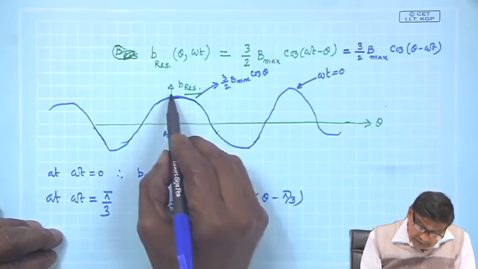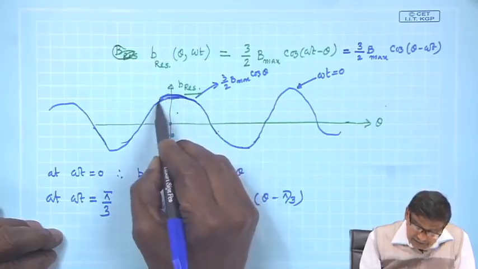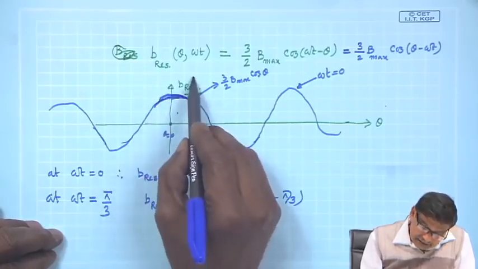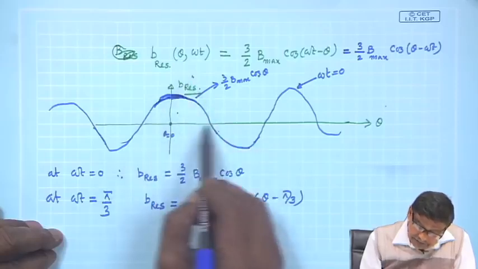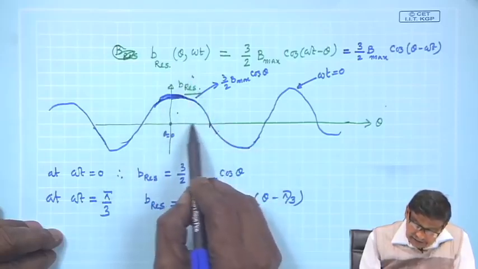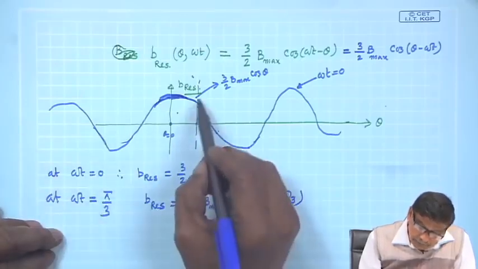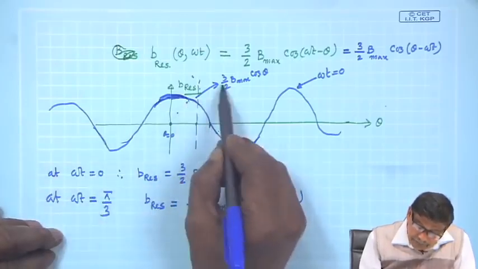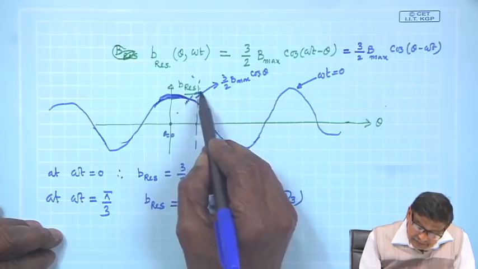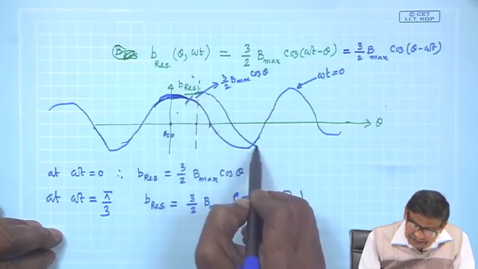Therefore, this peak, this is slightly not drawn very well, suppose this is 90 degrees, so 60 degrees is here. So, this waveform will be with the same 3 by 2 B max, something like this.